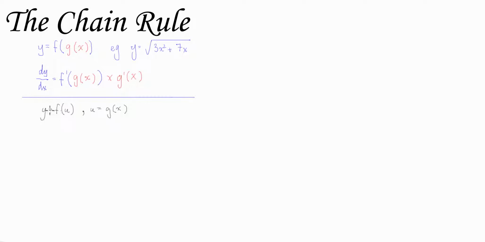So you can see that we've got y in terms of u and then u in terms of x. So we substitute the u in for g of x.